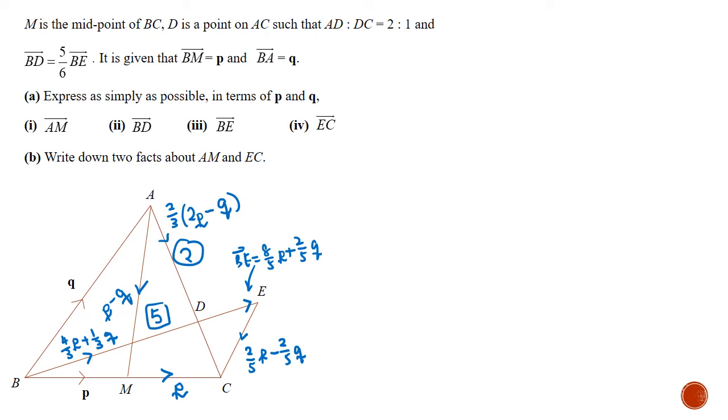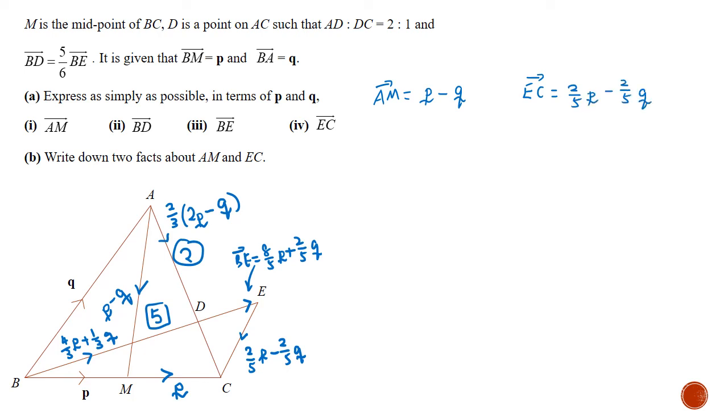First, we have to find vector AM. And luckily for us, we have already found vector AM at the start of the question, and vector AM will be equal to P minus Q. Next, we have to find vector EC, and we have found vector EC previously as well, and it is equal to 2 over 5P minus 2 over 5Q.